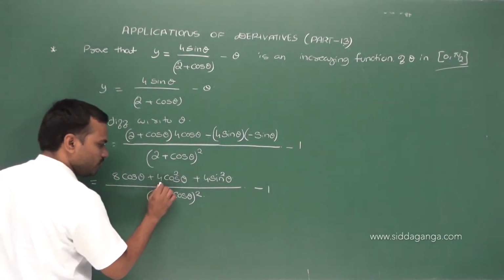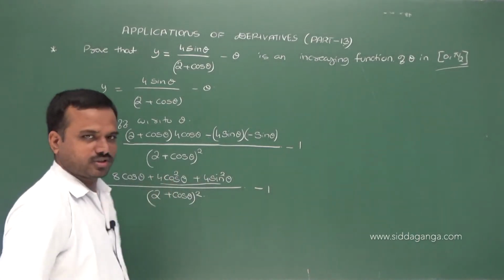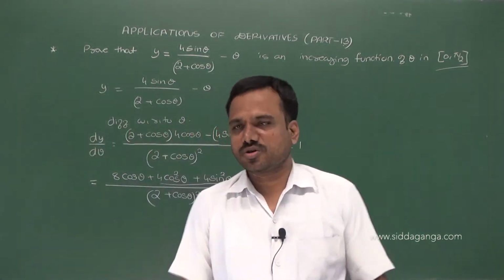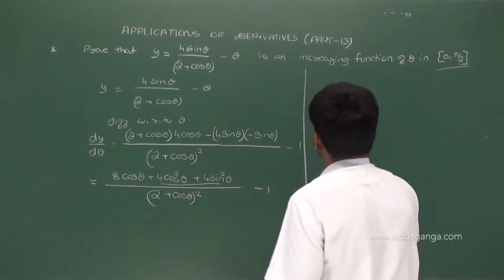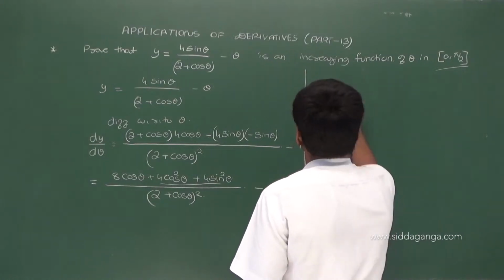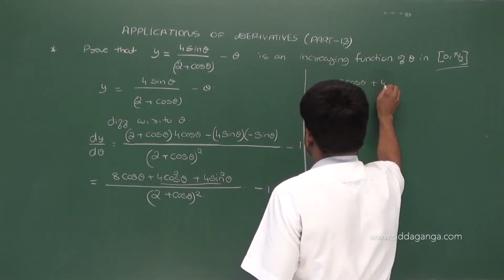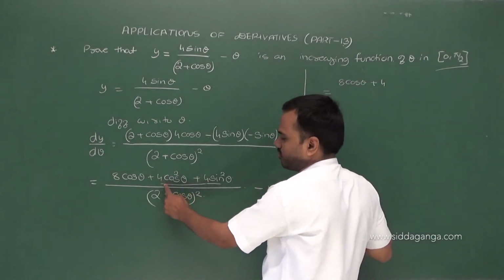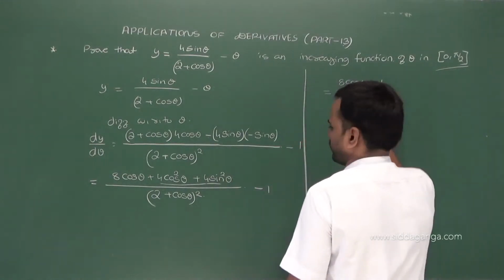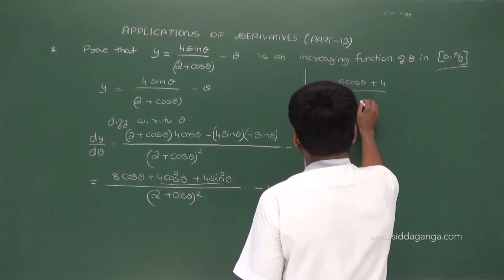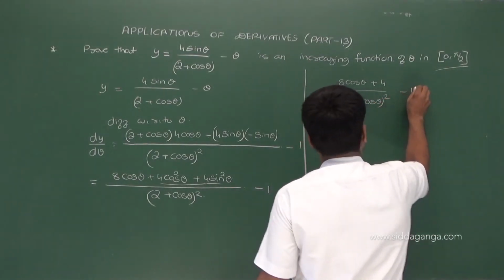What do we do? We take common 4. If I take common 4, it becomes cos square theta plus sin square theta. Cos square theta plus sin square theta is 1. That is equal to 8 cos theta plus 4, correct? Because if I take common 4, cos square theta plus sin square theta is 1, divided by 2 plus cos theta whole square minus 1.